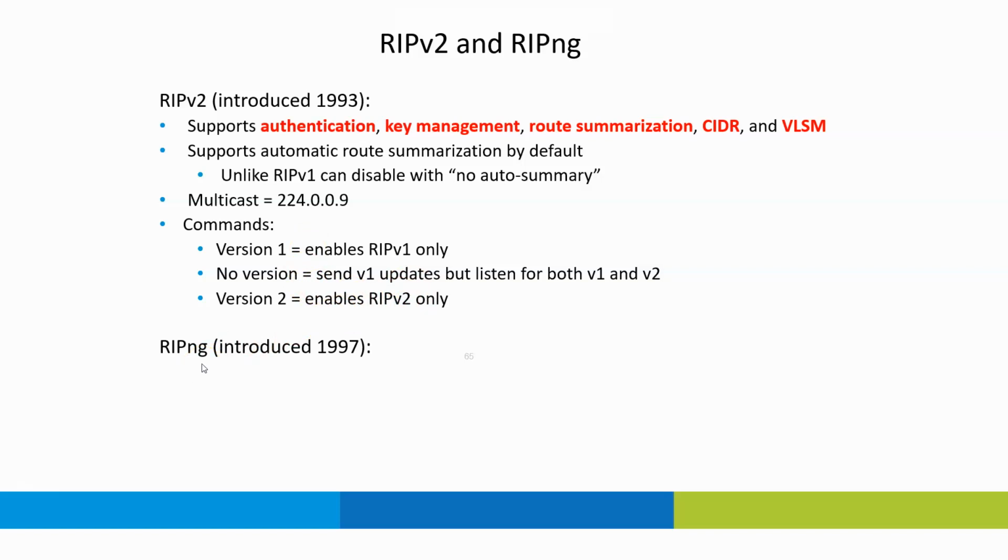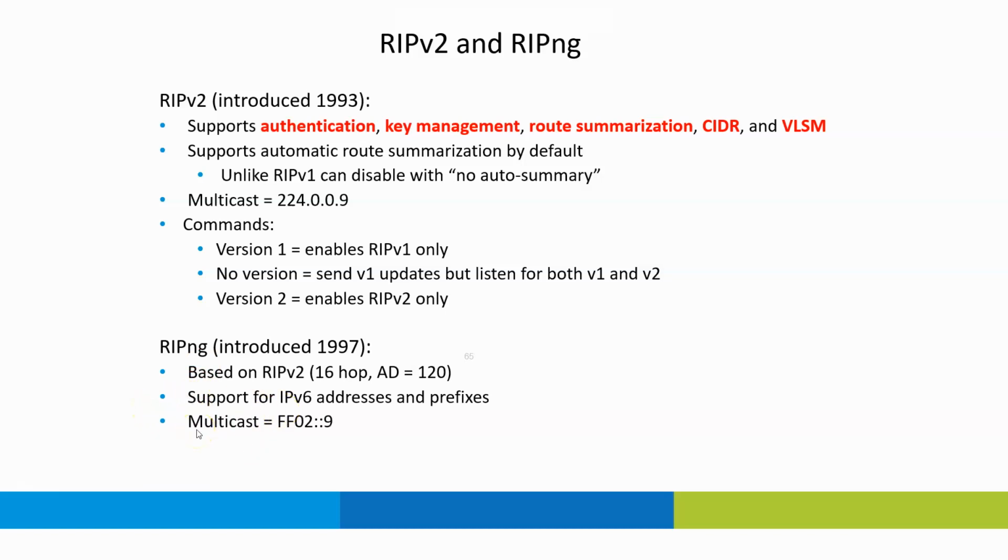RIP NG, next generation, introduced in 1997. It's the one that supports IPv6. Still has the 16 hop limit. Administrative distance is still 120 that goes along with it. Supports IPv6 addresses and prefixes. Uses the multicast address FF02. FF02, if you recall from IPv6, is the multicast designation, FF02::9.